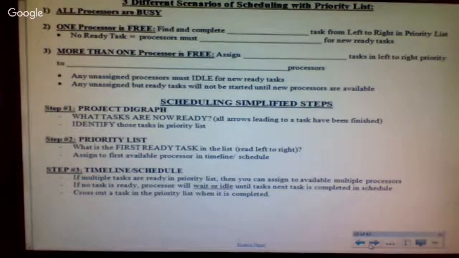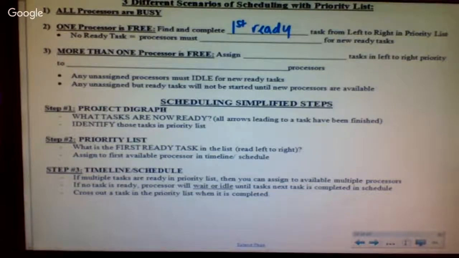Okay, so there's 3 different scenarios that you're going to look at every time you look at your schedule. Everybody's going to be busy is the first scenario. The second scenario is you've got one person free, so you need to find and complete the first ready task. Just like we did when we looked at the graphs and we said, okay, this one's ready, I can go ahead and schedule it. Okay, so you're going to schedule the first ready task.